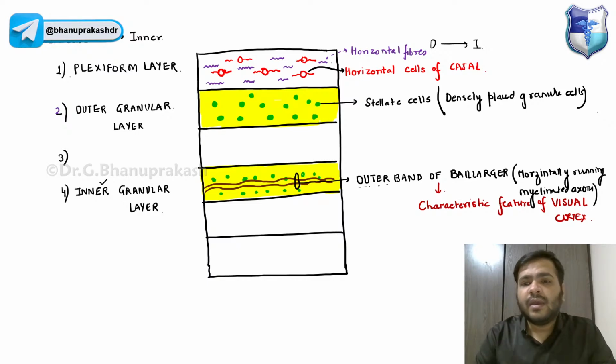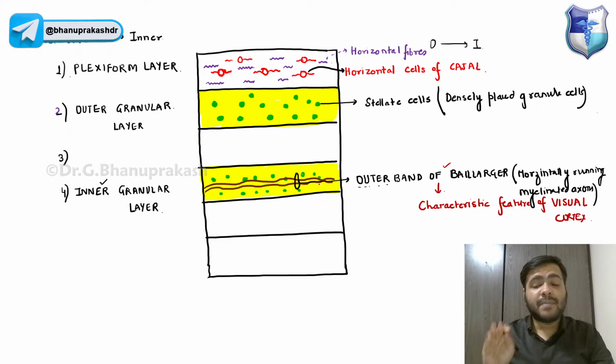Now, we will find this outer band of Baillarger in the inner granular layer. But remember guys, it can be found in the visual cortex also, because in the visual cortex they are more dominant and we can clearly see them. So it looks like a line, guys, drawn inside the gray matter.